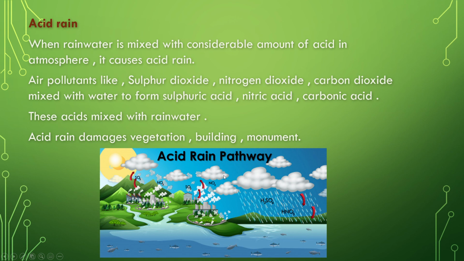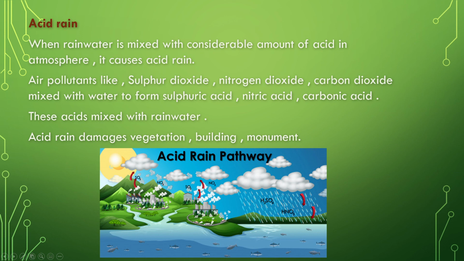At that time, the raindrops mix with these gases, sulfur dioxide and nitrogen dioxide, and form different acids like sulfuric acid, nitric acid, carbonic acid. These acids mix with the rainwater, and the normal rainwater combined with the acid falls down to the earth.